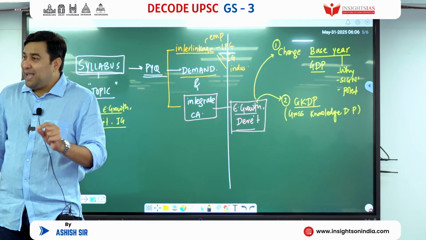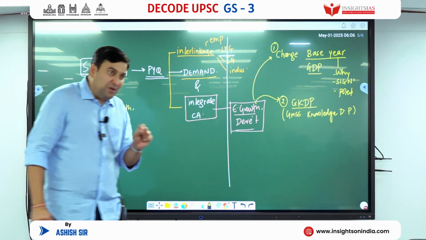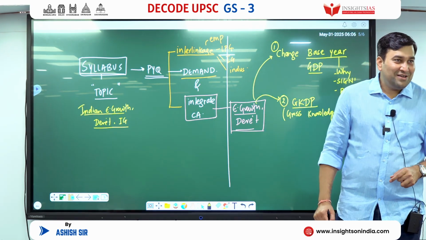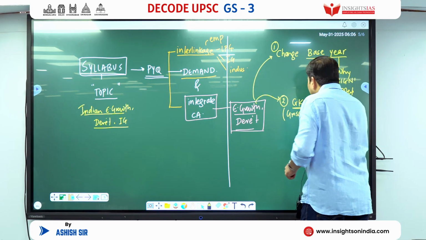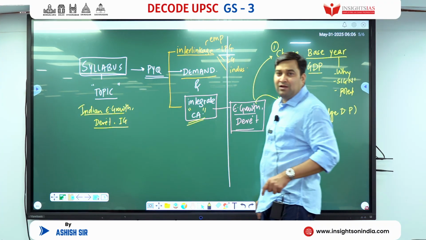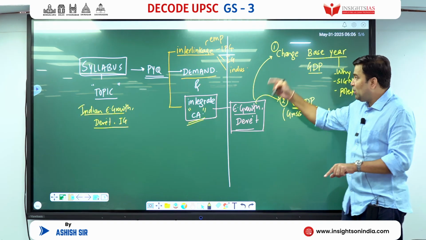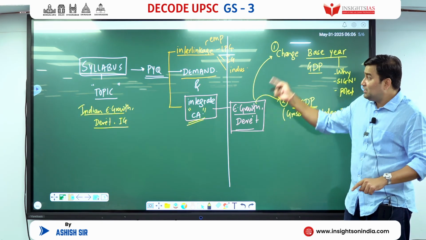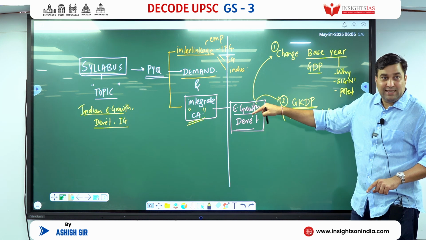Full stop. Can it help in propagating employment in the Indian economy? Are you understanding? What I'm trying to tell you is something called current affairs. But how am I integrating this current affair? On the basis of the syllabus, PYQ and the demand of the examination, after understanding the basics. Getting the point.